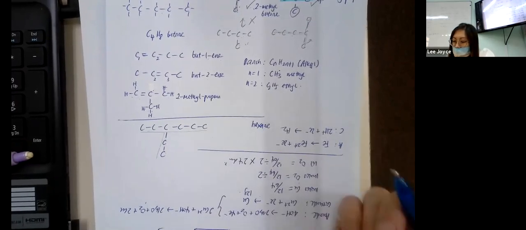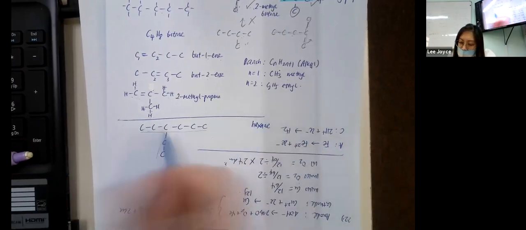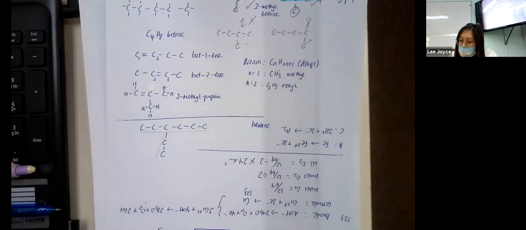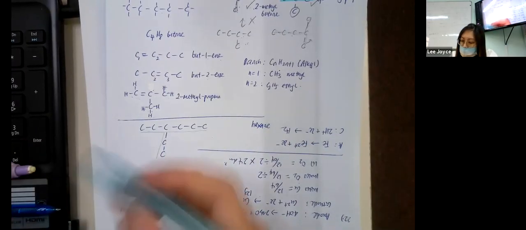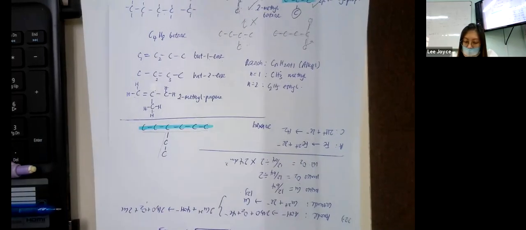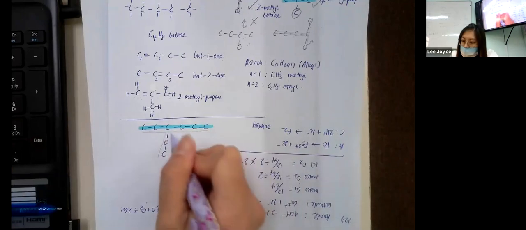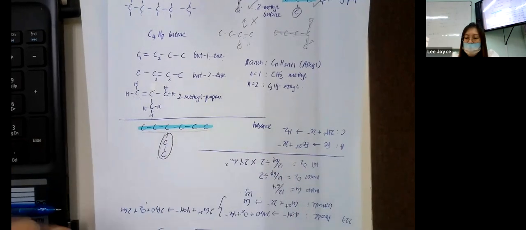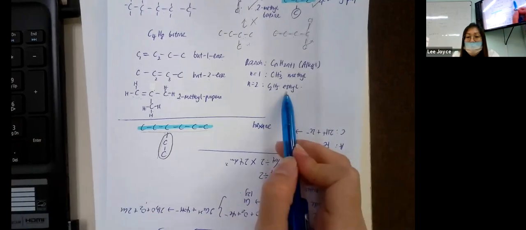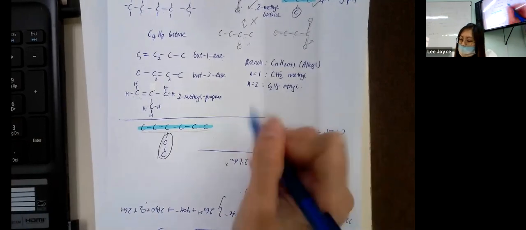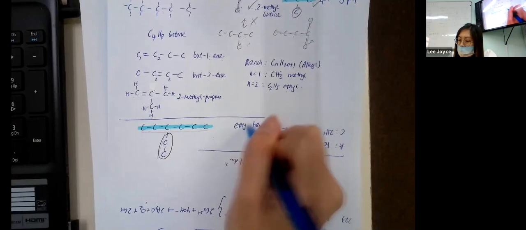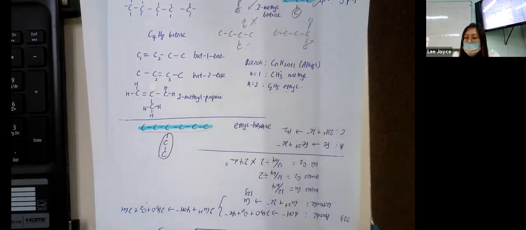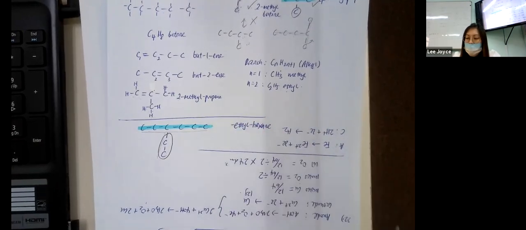Now we have to name the branch. Look at this branch here: it's a 2-carbon branch, joined together continuously. A 2-carbon branch is known as an ethyl, so it's ethylhexane. Then which position is this ethyl in?